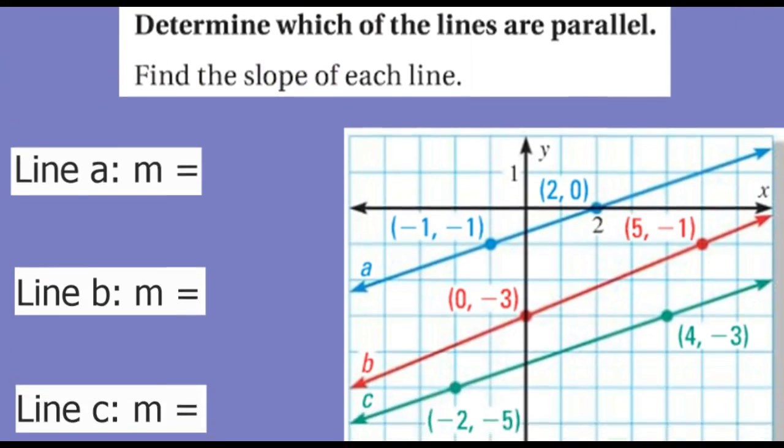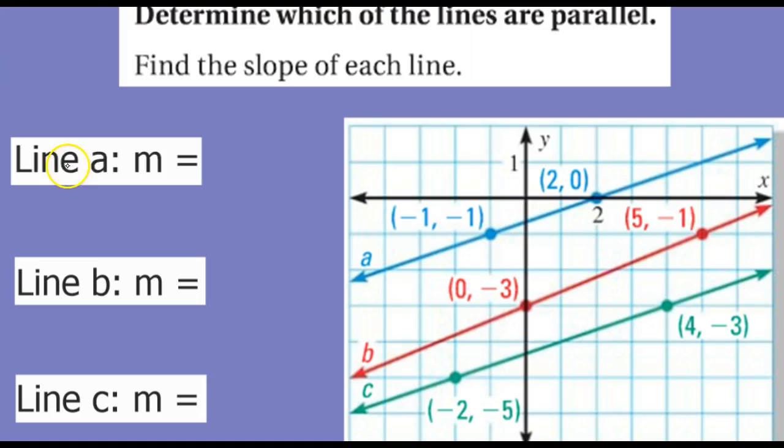So what we're going to do is find the slope of line A, which is right here. We're going to go from here to here, and we're going to do the rise over the run to find the slope. Now our rise here is up 1, and our run is over 1, 2, 3.